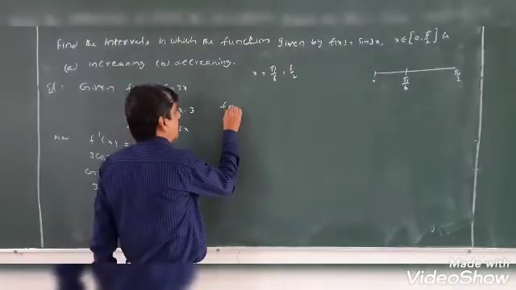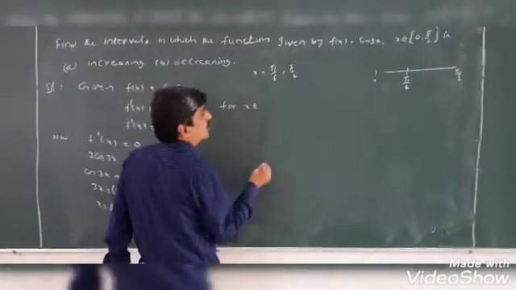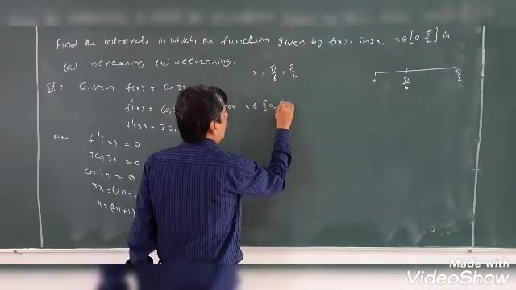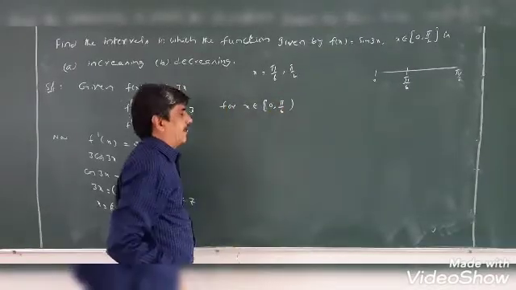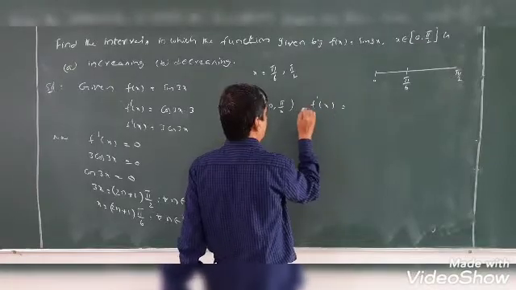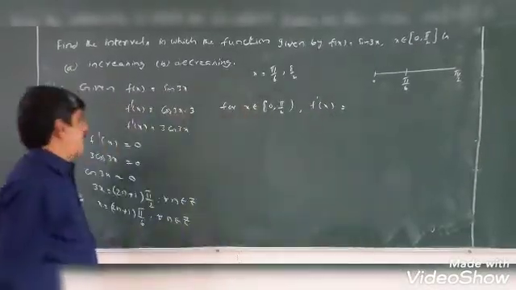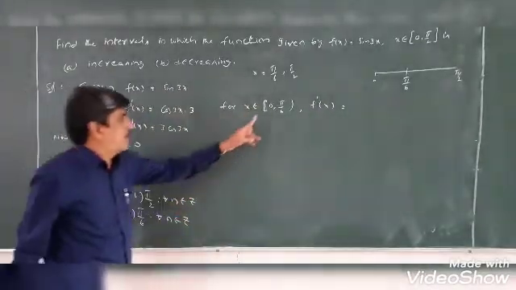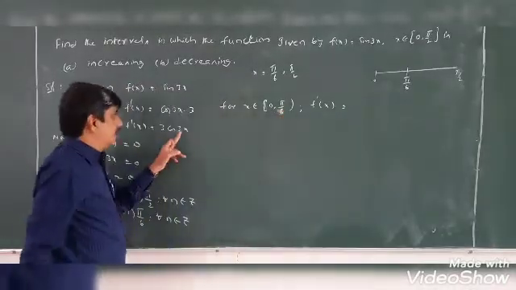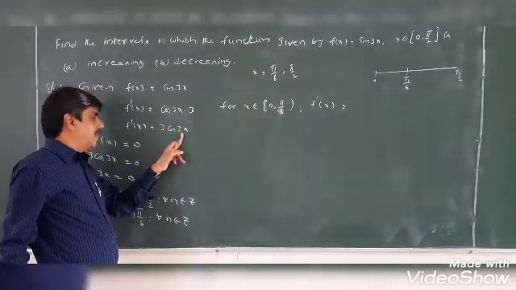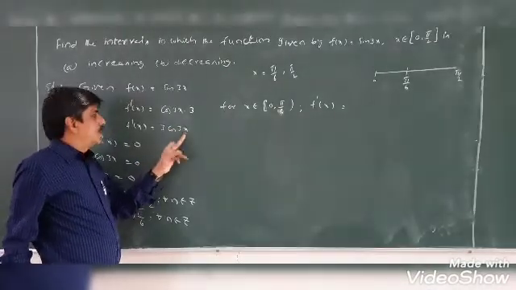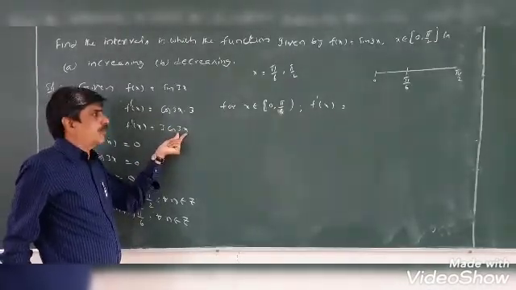So for x belongs to the open interval 0 to pi by 6, f dash x is, 0 to pi by 6 means 0 to 30, so 3x goes from 0 to cos 90. 0 to 90 means the first quadrant.